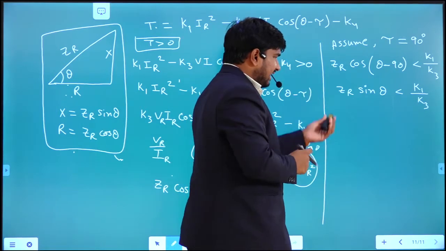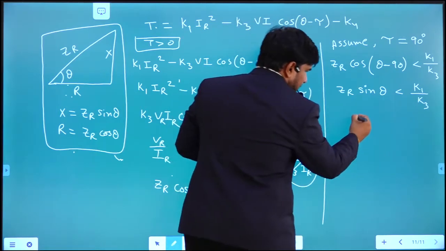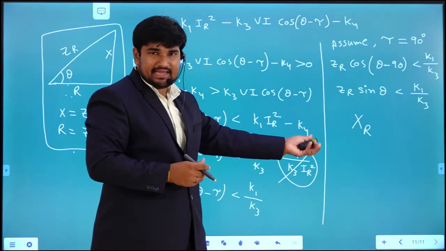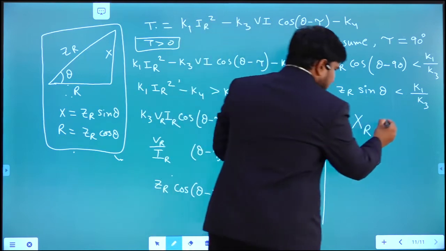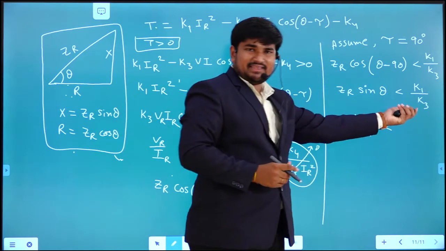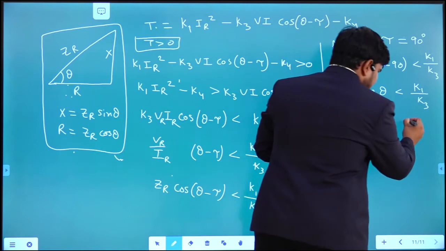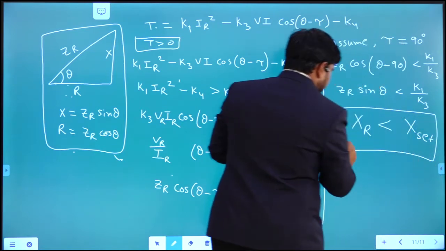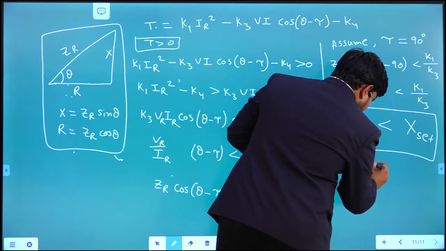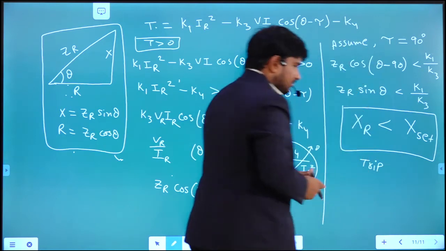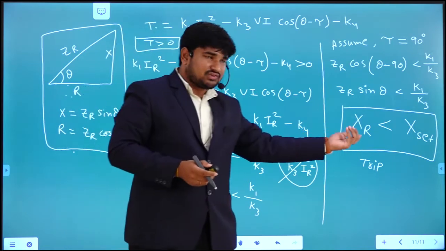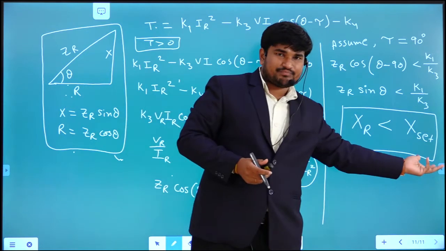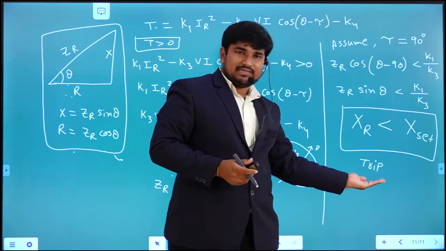So that's why I can rewrite this expression as X measured by the relay, XR, is less than the K1 by K3 term, which I can call the X set value. So this is the condition to provide trip signal. Whenever the reactance measured by the relay is less than the set value, then only it will trip.